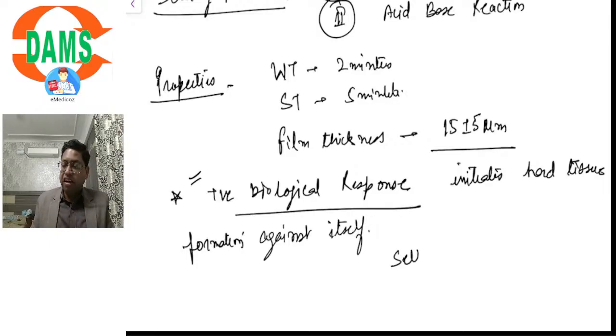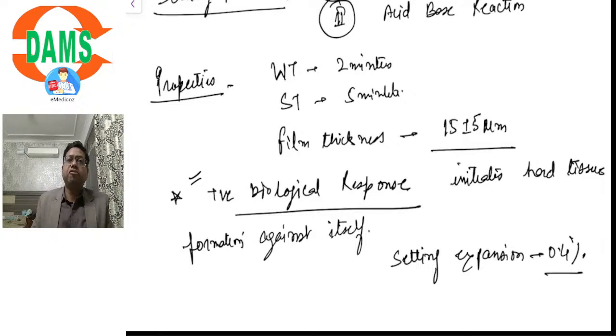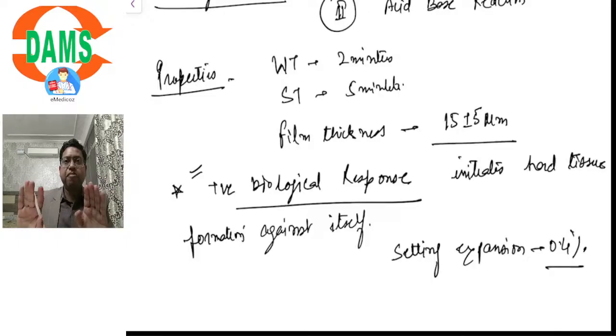Another thing is that it has a slight setting expansion. It would not contract, but it has a 0.4% setting expansion. Because of the setting expansion, it adapts very well to the tooth margins, so the seal of the restoration is improved. It ionically bonds and it also expands slightly.